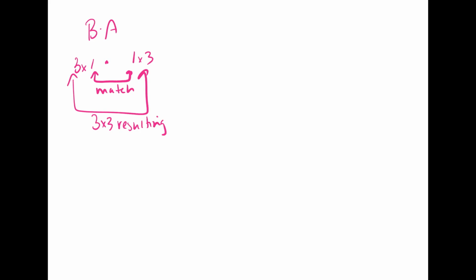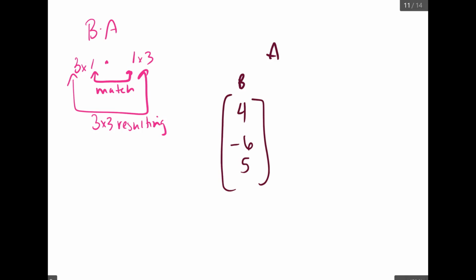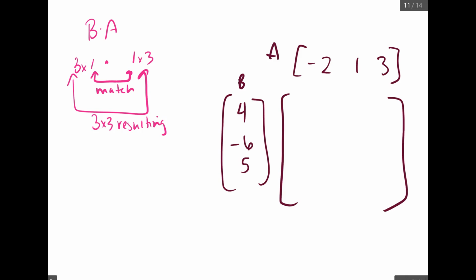So if I have B times A, B is 4, -6, 5. Here's my A: -2, 1, 3. So I have a 3 by 3.